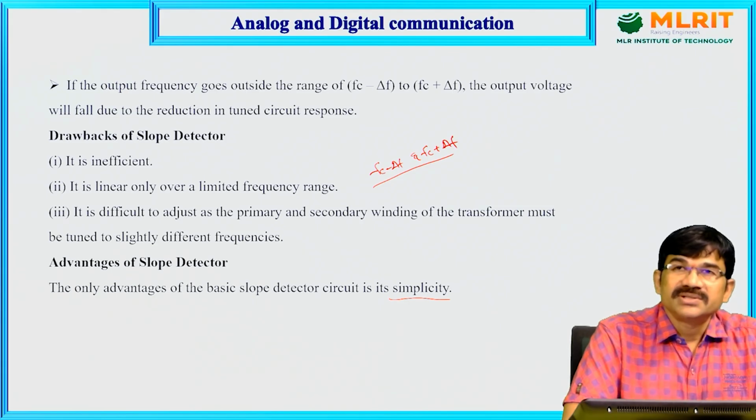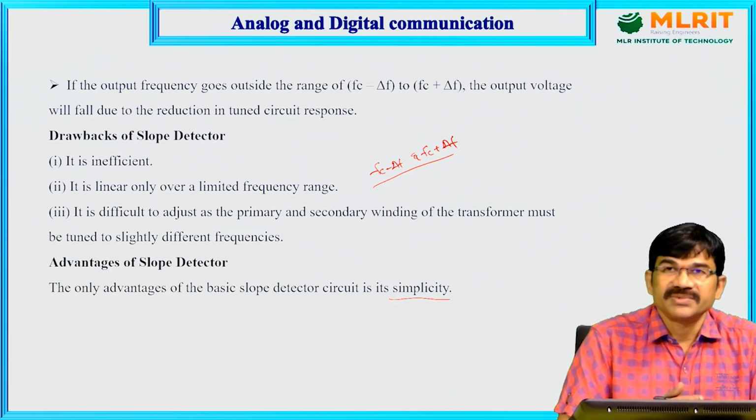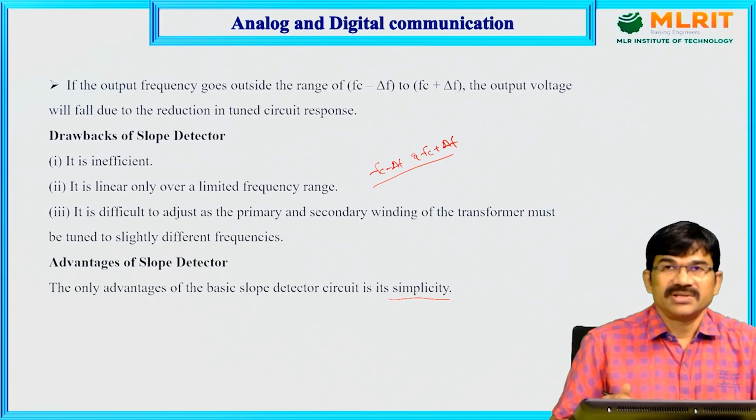For that we use the slope detector, which contains a primary winding and a center-tapped secondary transformer. The center-tapped secondary provides a 180-degree phase shift between the upper and lower halves; upper is tuned to FC plus del F, lower is tuned to FC minus del F. We classify three regions: tuned to FC, tuned to FC minus del F, and tuned to FC plus del F. Among these, we concentrate on the linear region for extracting the original information from the received signal. This is about the FM slope detector.